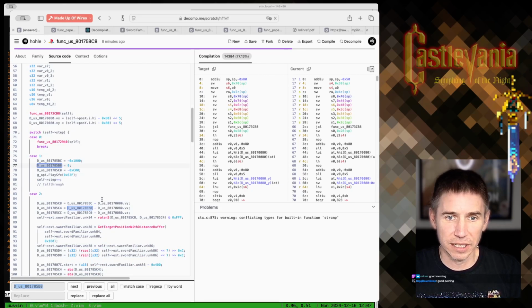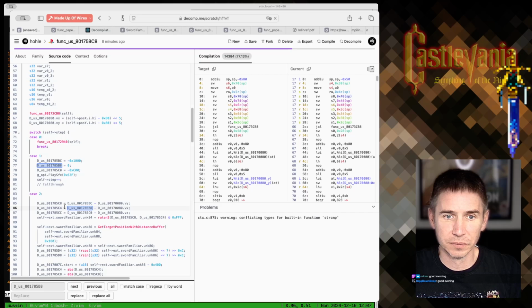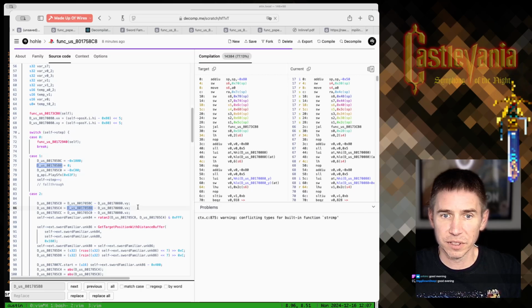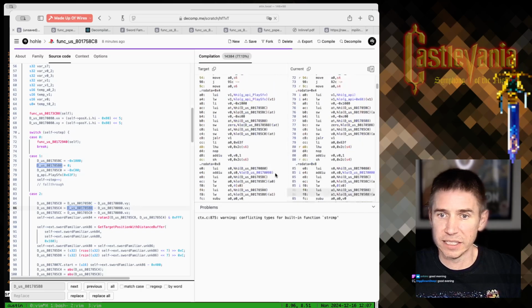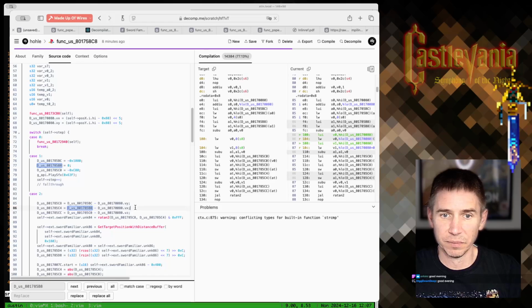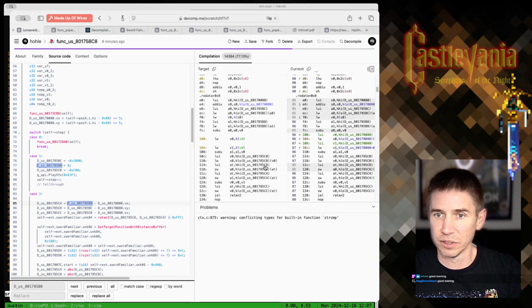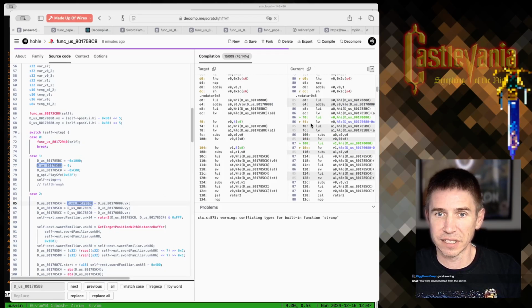So it looks like we have several of these that are XYZ. I'm going to put these in order and see if that affects anything here. Not quite the way that I wanted.